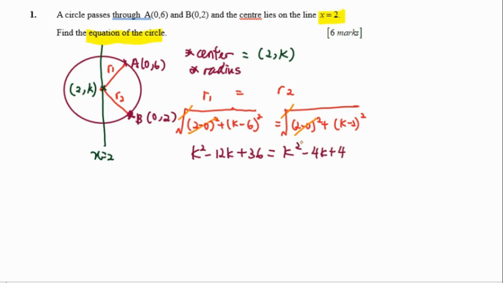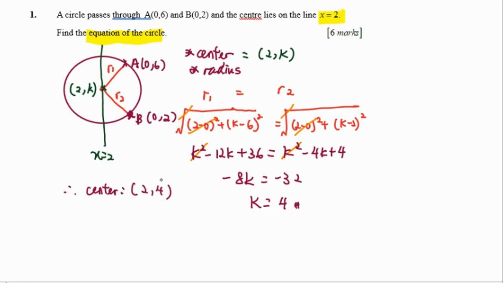So we simplify, cancelling k squared, and find our k. Therefore, negative 8k equals negative 32, so k equals 4. So our center is (2, 4).